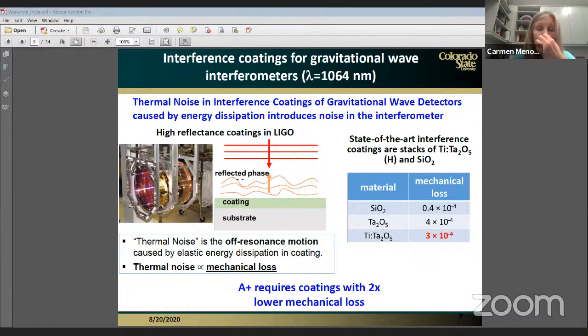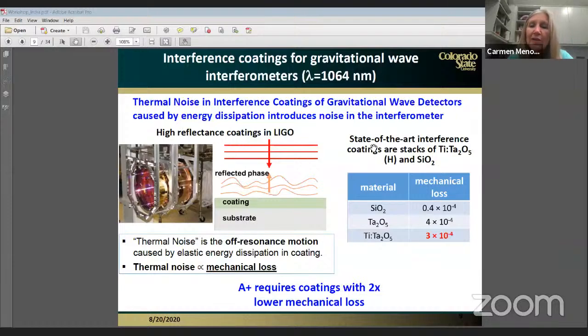So this is what we are trying to control and eliminate or reduce: thermal noise or internal friction. Thermal noise is proportional to mechanical loss. So this is what we are going to measure. We are going to measure mechanical loss.